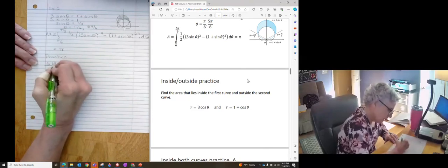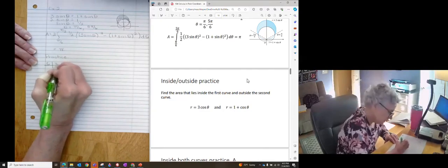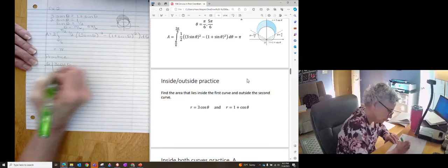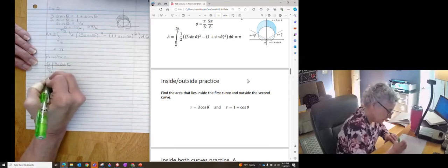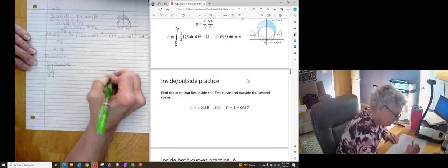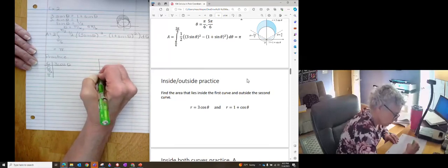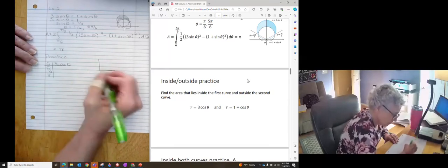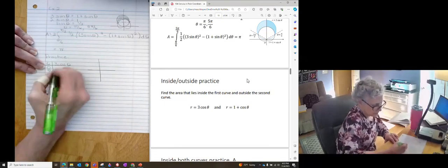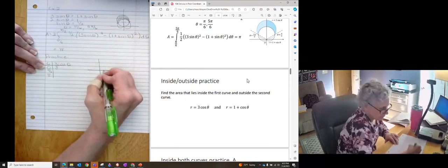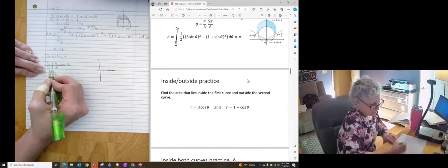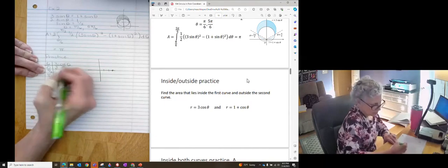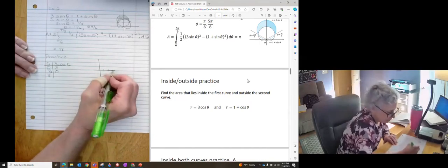We have theta, and we have 3 cosine theta. I'm going to start just going from 0 to pi halves to pi. Three times cosine of 0 is 3. 1, 2, 3. 3 times cosine of pi halves is 0.